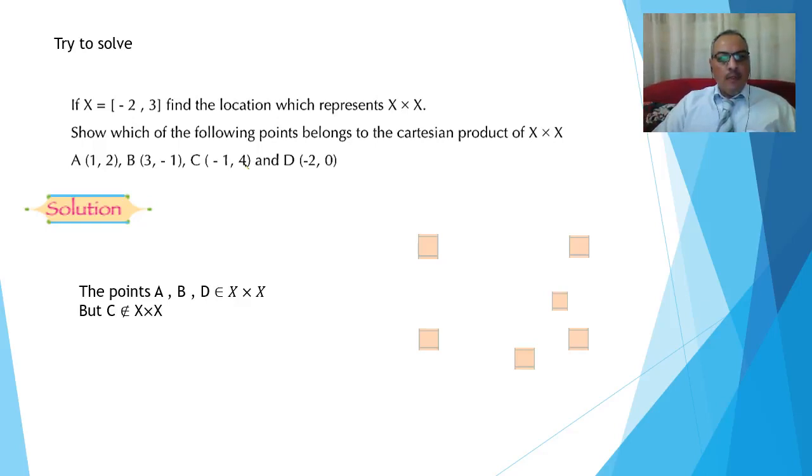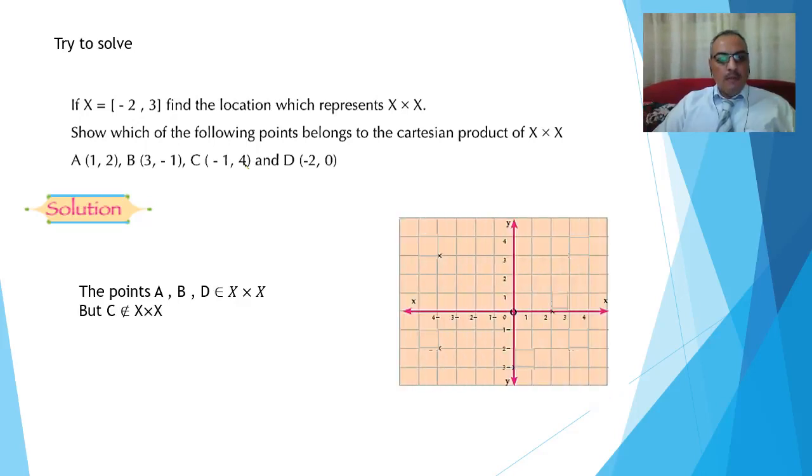Now we represent the first interval, x equal -2, a vertical line, and y equal 3. This is the interval -2 and 3, the vertical interval. The second, -2 and 3, the horizontal interval. This square is the solution of the Cartesian product.